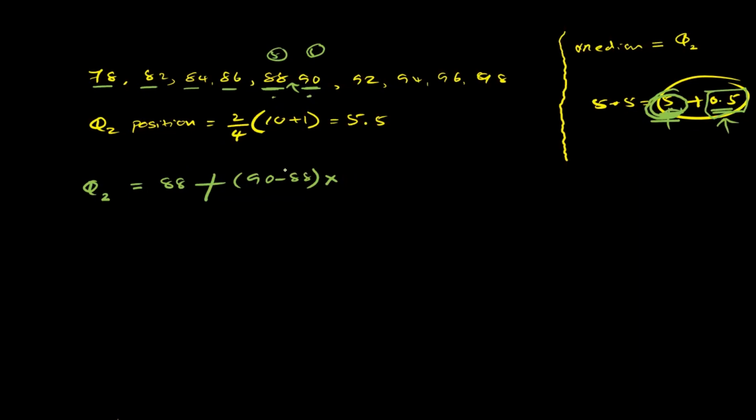Multiply that gap with the position that you have to travel more, 0.5. 2 multiplied by 0.5 is equal to 1. So 88 plus 1 is equal to 89. So this is the second quartile, which is the median. Second quartile is equal to median. So this is how you have to calculate it in the exam paper.